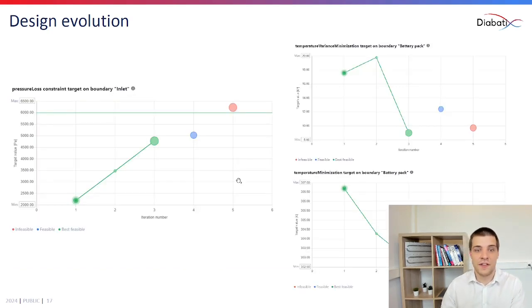And if we look at the individual performance values, our initial design, as I mentioned, was way below the pressure drop constraint, with nearly two-thirds still to play with. Iterations 2 and 3 every time increase on it, iteration 4 as well. Iteration 5 exceeded it. But if you look at the temperature variance, we see that it decreased compared to the initial design, as did the temperature minimization objective.